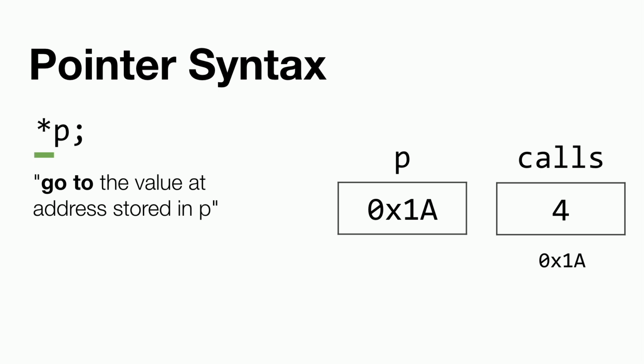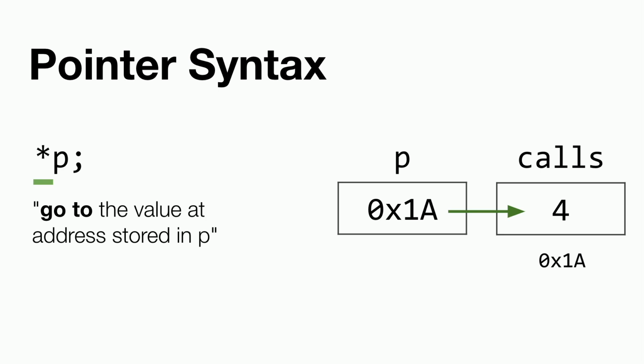Calls in itself is its own variable that's storing value 4 and has an address of 0x1a. And when we use asterisk p or star p, what is going on is this arrow situation, right? We're grabbing the value from calls by referencing this variable.